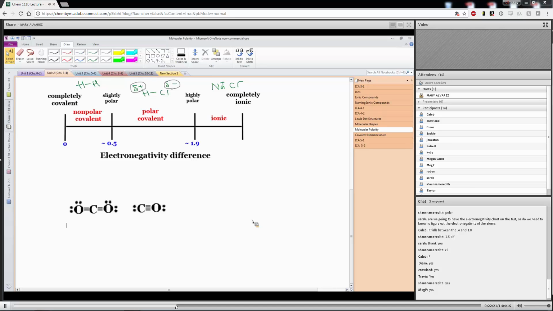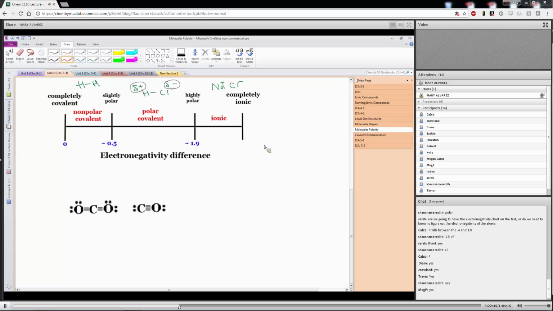You guys with me here? I think we had this conversation on Wednesday. You have to be able to draw Lewis dot structures in order to properly determine VSEPR shapes. And you have to be able to properly determine VSEPR shapes in order to determine molecular polarity, for reasons that we're going to see here in just a minute. So every step of the way here, very important.